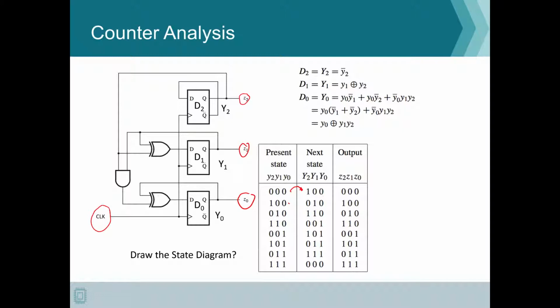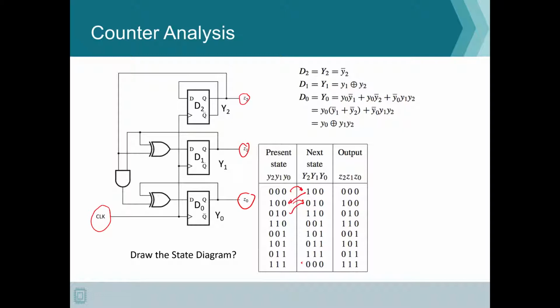Once we get the result, we assume that as the current state and substitute it into the next state equation to get the next state, and repeat that until we go in a loop.